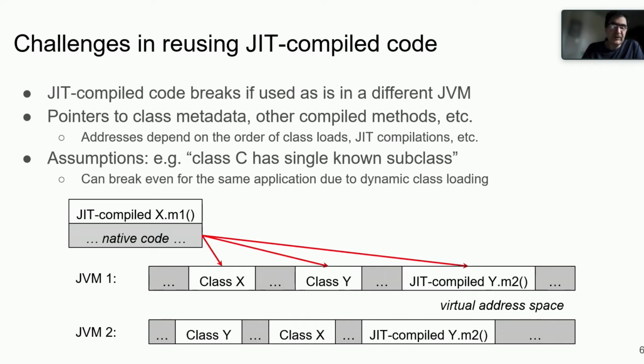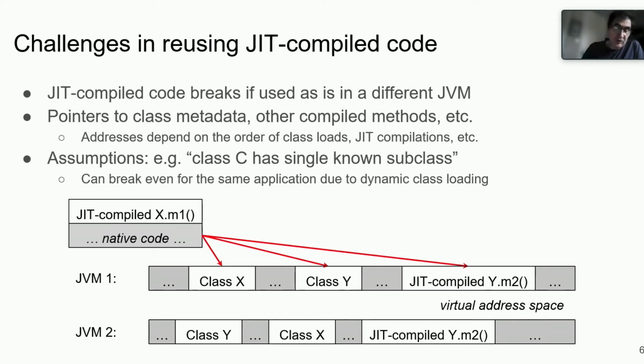The JIT uses speculative optimization based on the perceived class hierarchy. Let me give you an example here. Let's say that we have an interface call and that the JIT determines that there is a single implementer for that call. The JIT can inline the body of that implementer, and at runtime, if a new implementer gets loaded, we may need to take some corrective action. In our case, we need to have some validation records to make sure that assumptions that are made during the compilation of this cached method body still hold true in the new JVM.